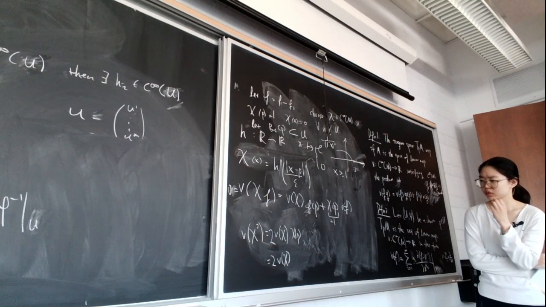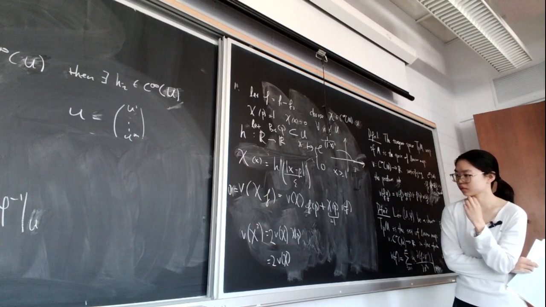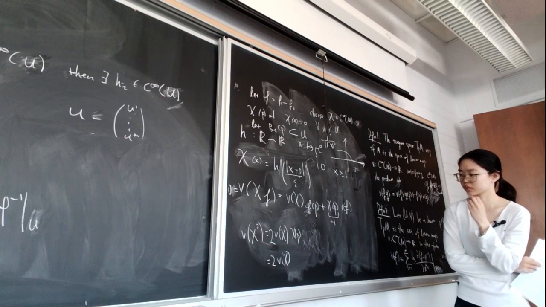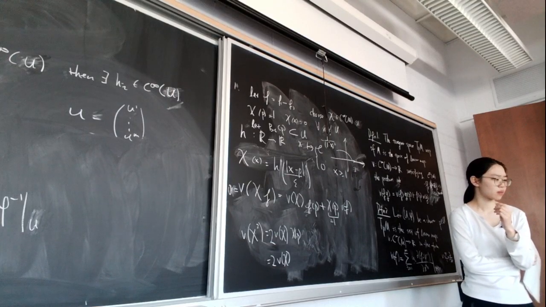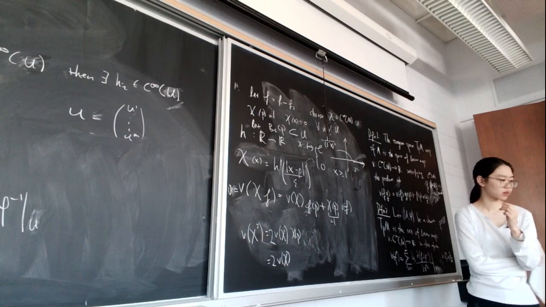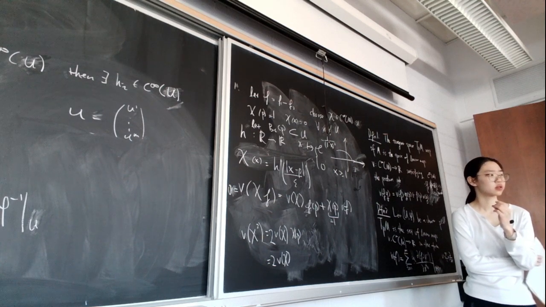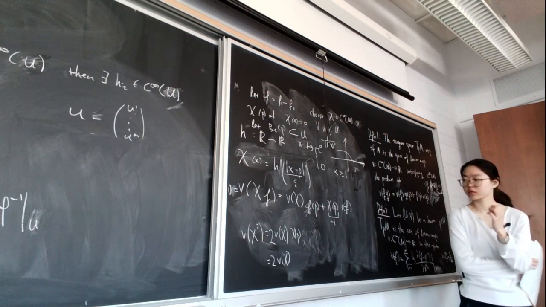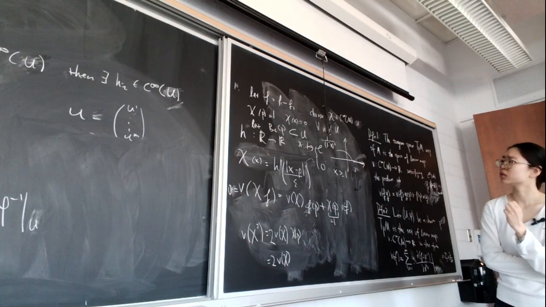Why are we not done? Because we defined V to be this. Sorry, it's not clear how to show that this V of chi is 0. Why V of chi 0? Not using f of P. Well, we don't.